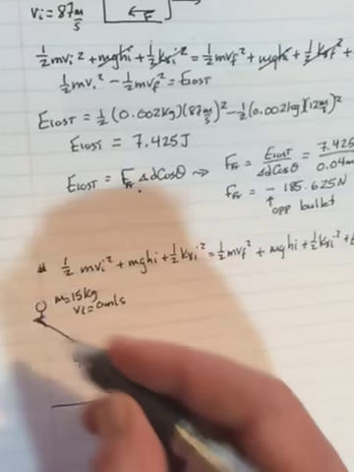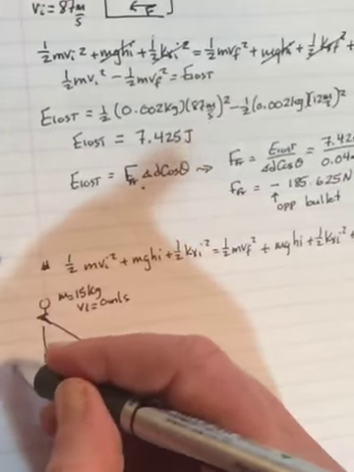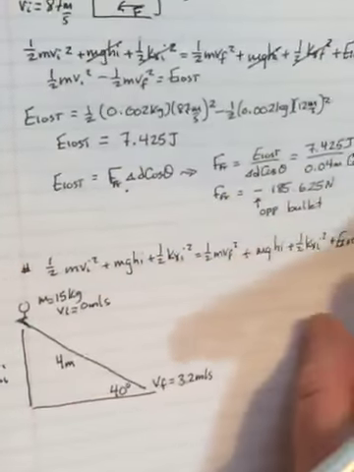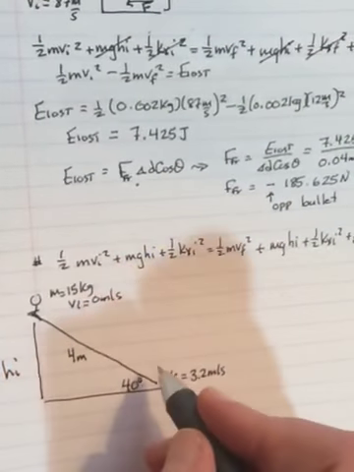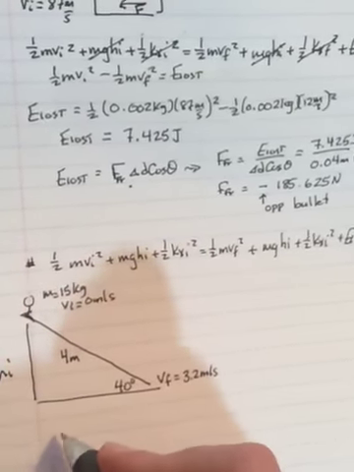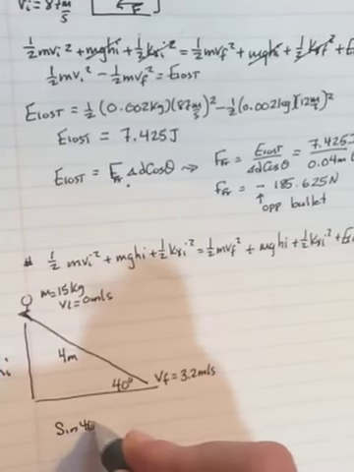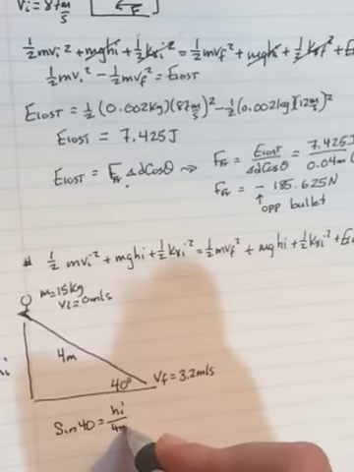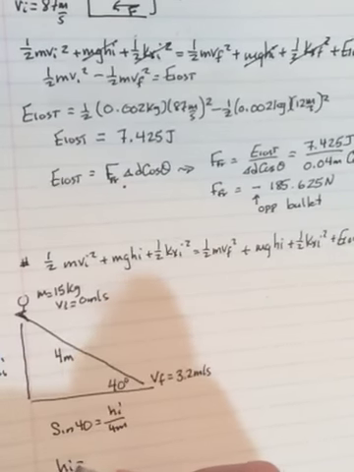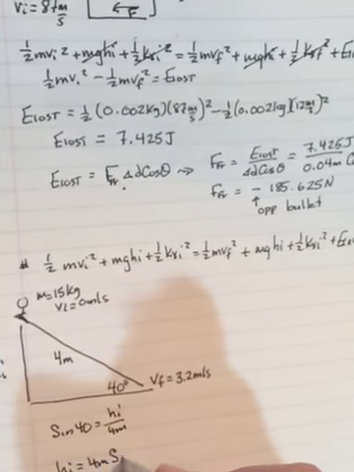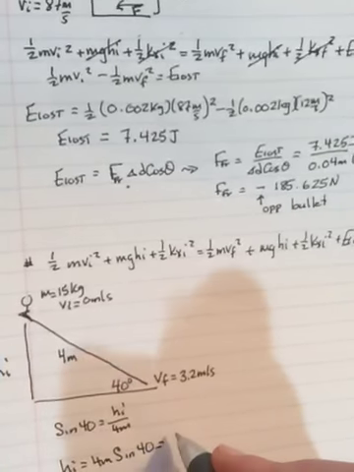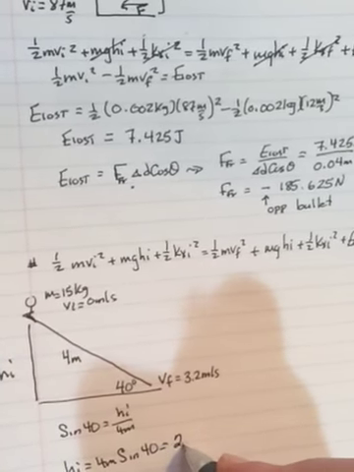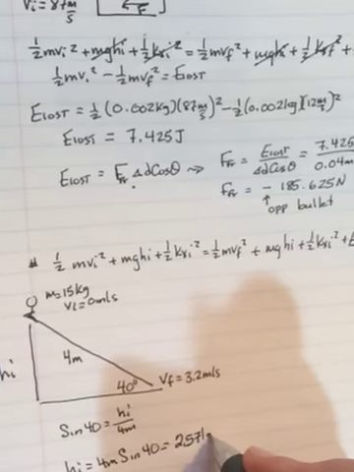We know the angle is 40. So we can find the HI. And we can do that by using, that's opposite, so it would be sine. So sine of 40 is equal to HI over 4 meters. So HI is going to equal 4 meters times the sine of 40. And when you type that into your calculator, you get 2.571 meters.